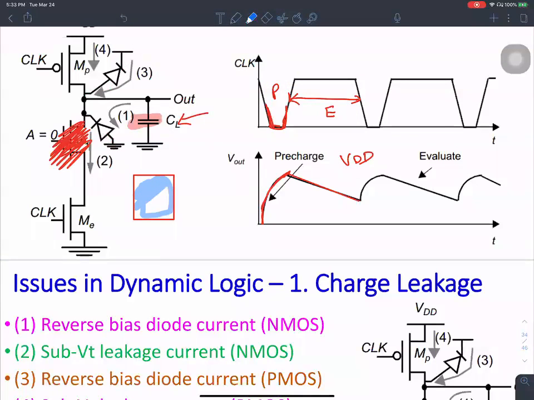You fill the bucket with water, but if the bucket has some holes in it, it's eventually going to empty. You would expect that this bucket should be full with a logic 1, but because of these leakages, the water is going to drain out and tend towards a logic 0.